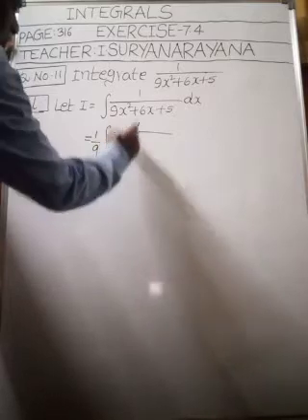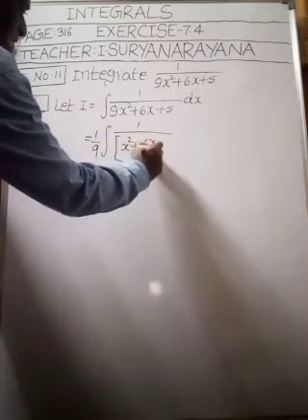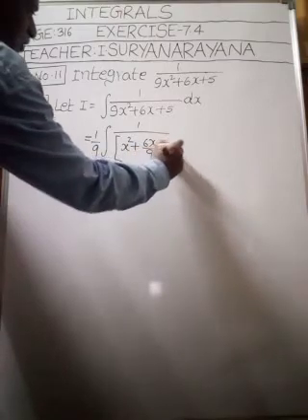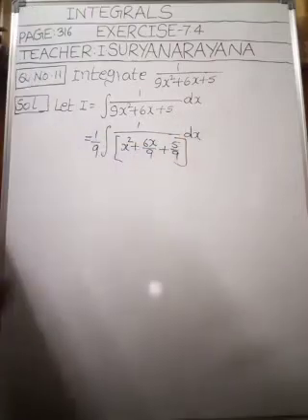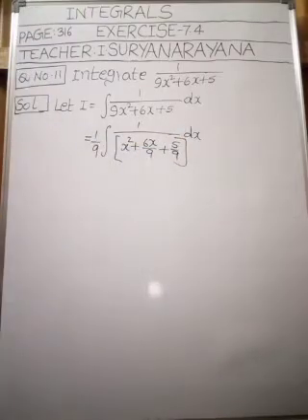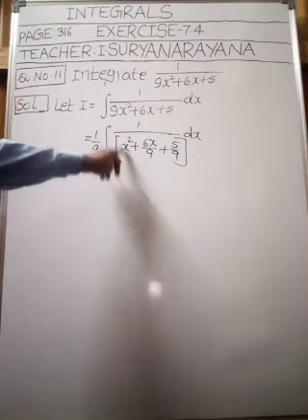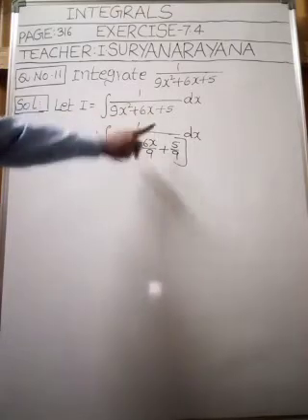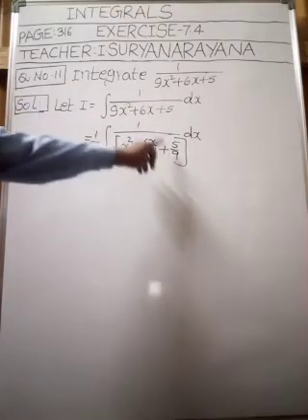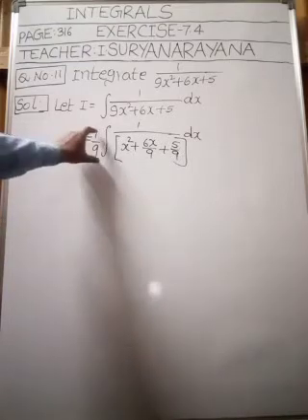Then what will you get here? x square plus 6x by 9 plus 5 by 9 dx. Understood, my dear children? If you again use the distributive property, 9 into x square, 9x square, 9 into 6x by 9, again we get 6x only. 9 into 5 by 9, again you get 5 only. That is why understood this question, my children.